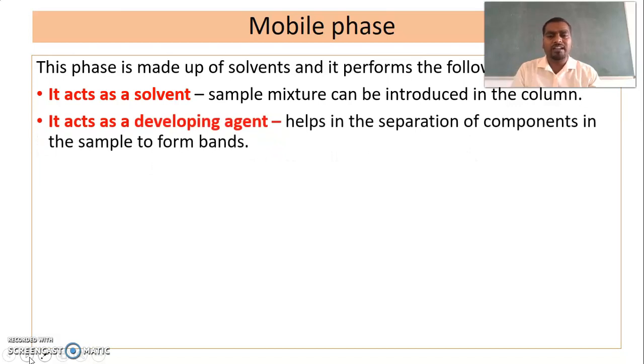Secondly, it contains some developing agent. Developing agent means that once the sample is introduced into the column, it appears as bands of different color. Sometimes if the analyte does not possess color, the developer imparts color to these analytes. So the mobile phase sometimes also acts as a developer.